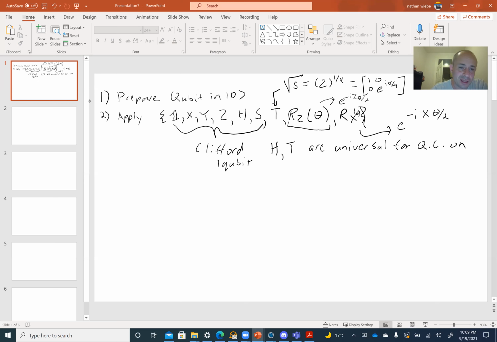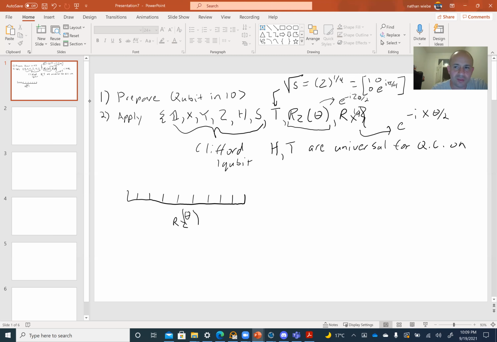But the basic idea is that, let's say we wanted to be able to do an RZ rotation for an angle of theta. Well, the way that we practically want to do this is we would like to be able to figure out when we actually make an error in this.